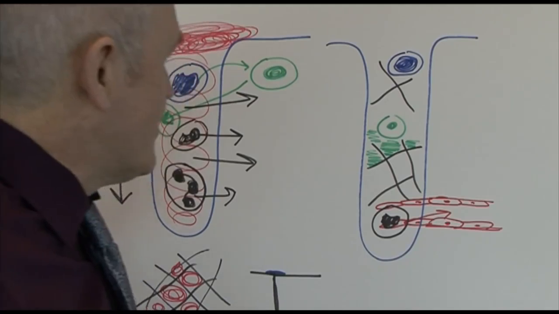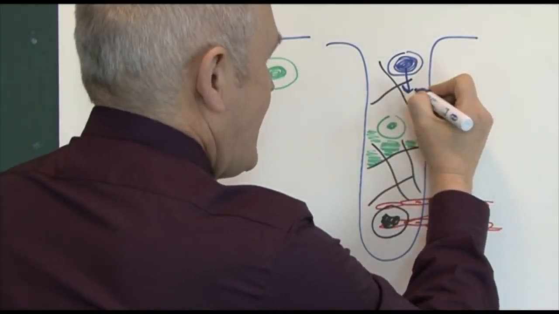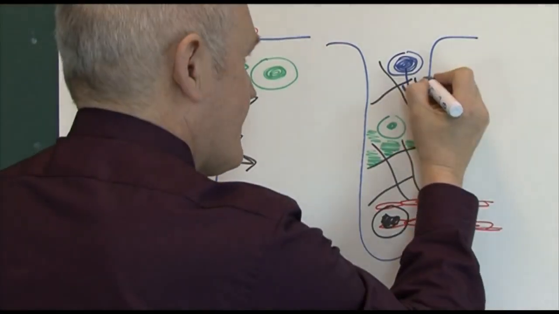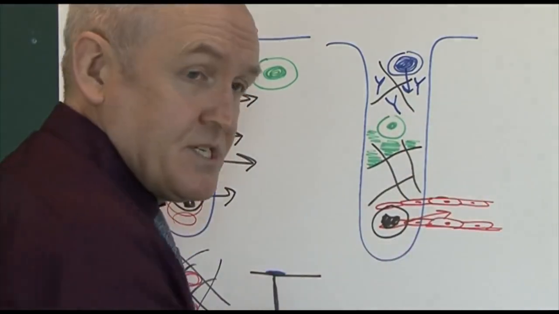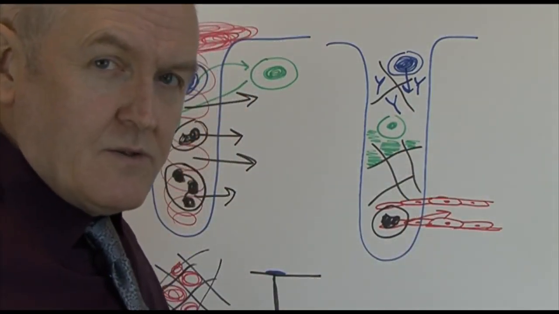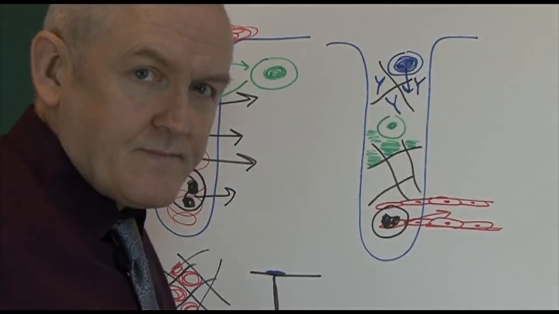And what the plasma cells do is they secrete antibodies, Y-shaped antibodies, immunoglobulin molecules, providing a lot of immunity.